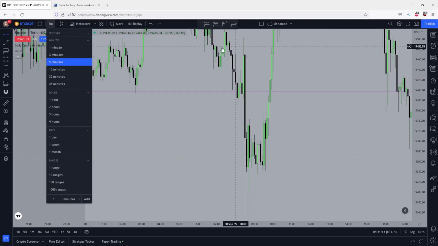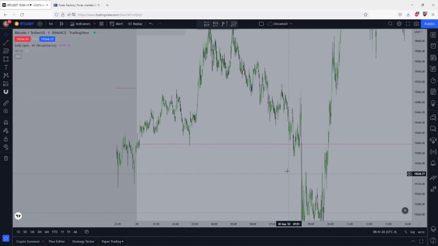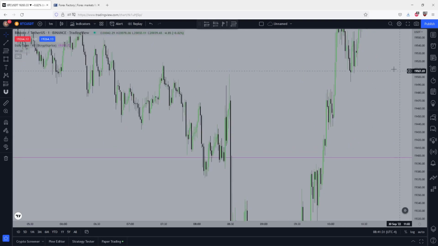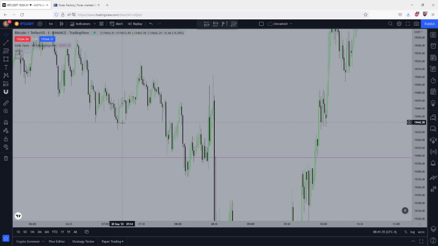And in this area right here, I believe there is a setup on a lower time frame. Let me check that. On the 1 minute, yes there is.